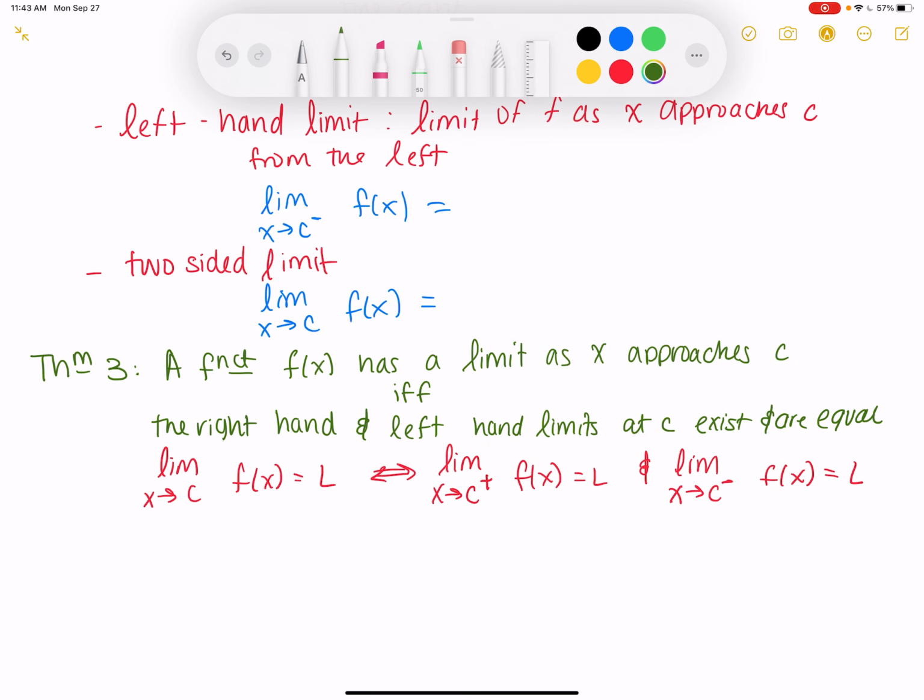All right, and then the final theorem, it's actually a named theorem. It is the Sandwich Theorem.